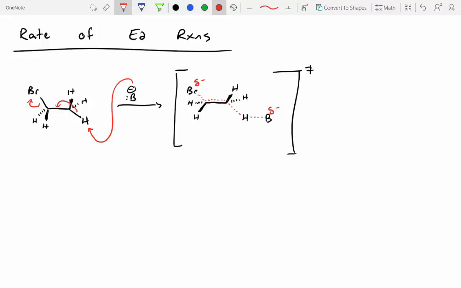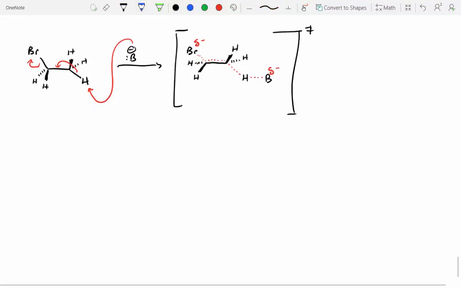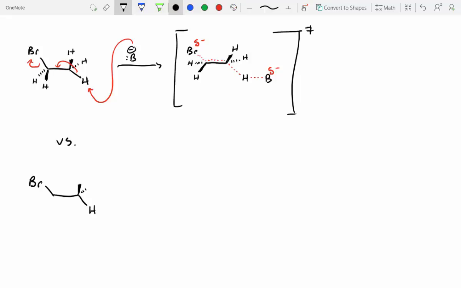So do you guys remember transition states? All right, now let's compare this transition state to another example. But in this example, we're going to have a bunch of methyl groups coming off.